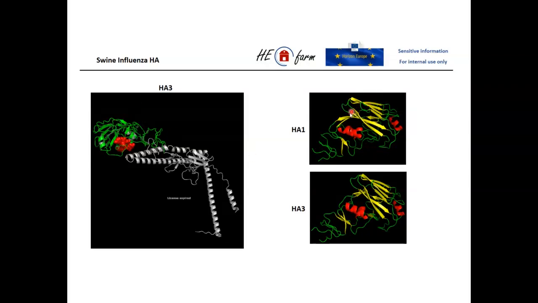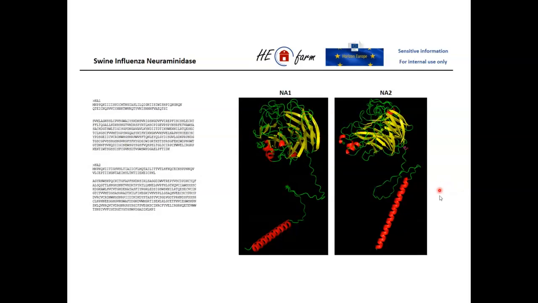From this construct, we've made a version for hemagglutinin 1 and another for hemagglutinin 2. In both cases, these are swine influenza viruses. Similarly for the neuraminidase, which has a very nice globular domain as well that we can isolate from the stalk and the non-organized region of the protein. For this, we've done neuraminidase 1 and 2 as a test.